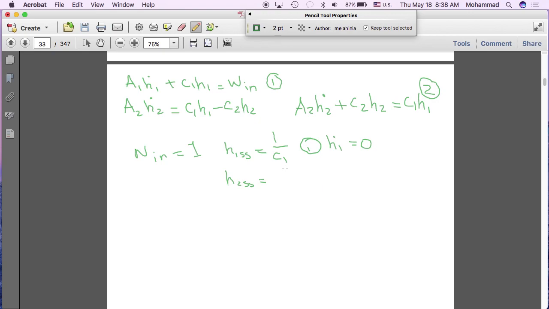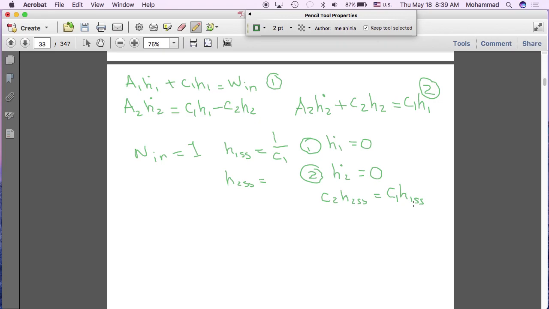Now, how about the steady state level of the second tank? How do you find it? You go now to the second equation that captures the change in H2. You set H2 dot equal to 0. So the equation you get as a result is that C2H2 steady state is equal to C1H1, also in steady state.